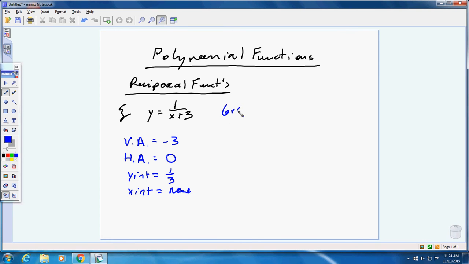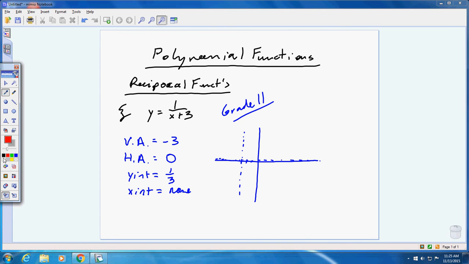Again, this is all from grade 11. So if we graphed this, and this is just an example, vertical asymptote at x = -3. Horizontal asymptote coming across at 0. And then we've got a y-intercept at 1/3, so about there.